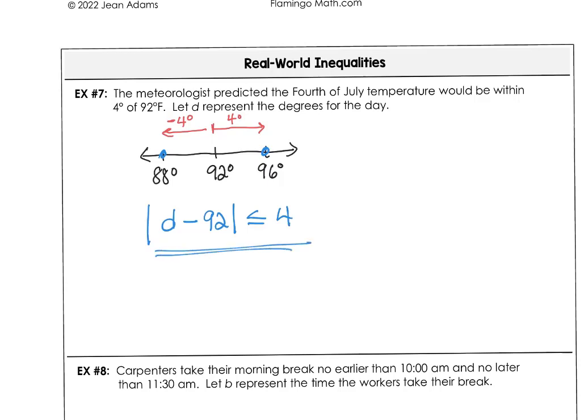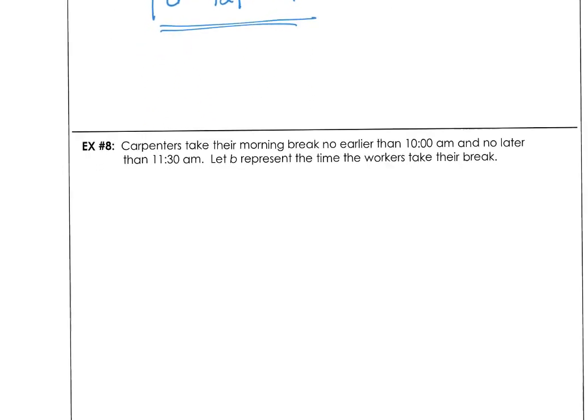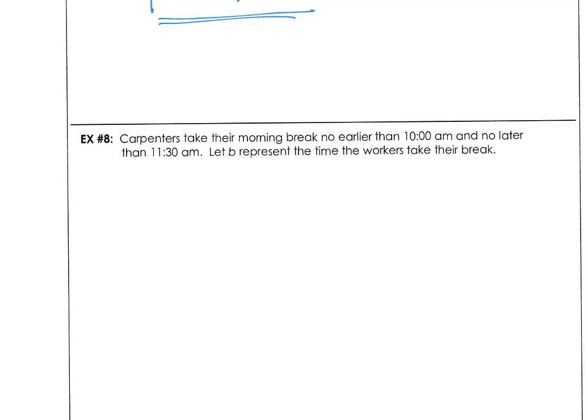And finally, example 8, carpenters take their morning break no earlier than 10 a.m. and no later than 11:30 a.m. We want to let B represent the time the workers take their break. So if we add 10 plus 11:30 and divide it by 2, that's 10 3/4 for the middle. And the deviation is 11.5 minus 10 divided by 2.